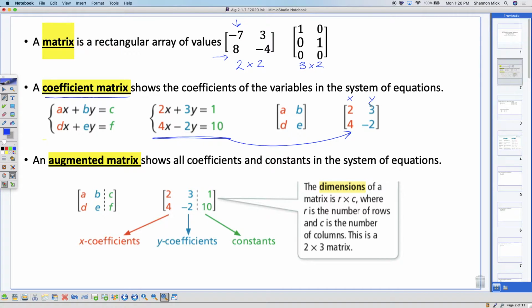Now an augmented matrix. An augmented matrix consists of a coefficient matrix along with the constants or answers. So if we look at this system up here and come down here, do you see the coefficients on the left? Yes. And the answers on the right? And what do you think these little dashes are for?